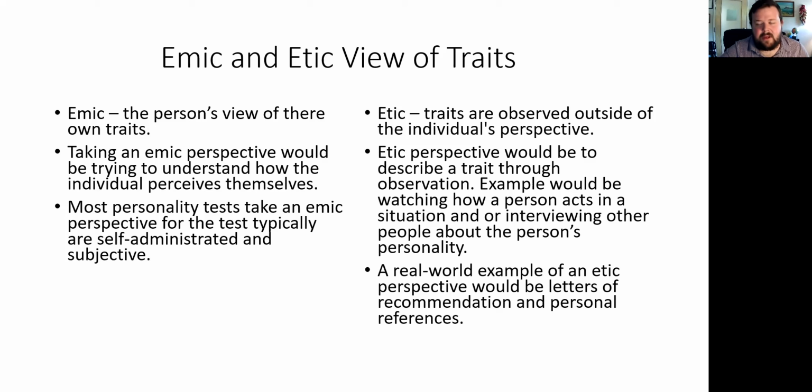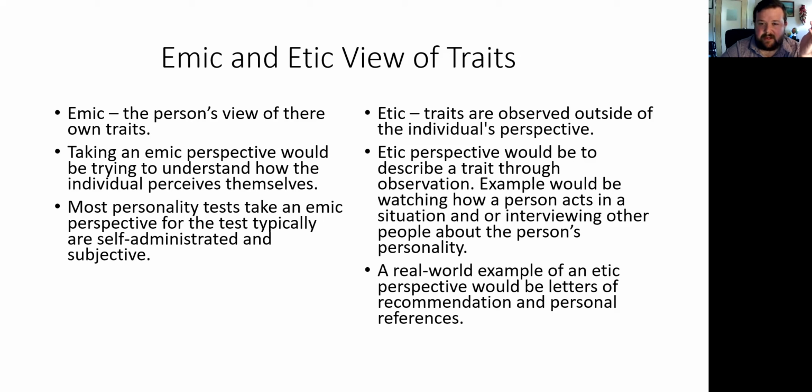So with that, we can also add another perspective to get a truer description of one's personality, and that's using an etic view. So an etic view is observing one's traits outside the individual's perspective. So this would be describing a trait through observation. So let's say I'm trying to understand someone's personality. I can observe them acting in different situations. That would hopefully give me a good description of how someone behaves in a given moment.